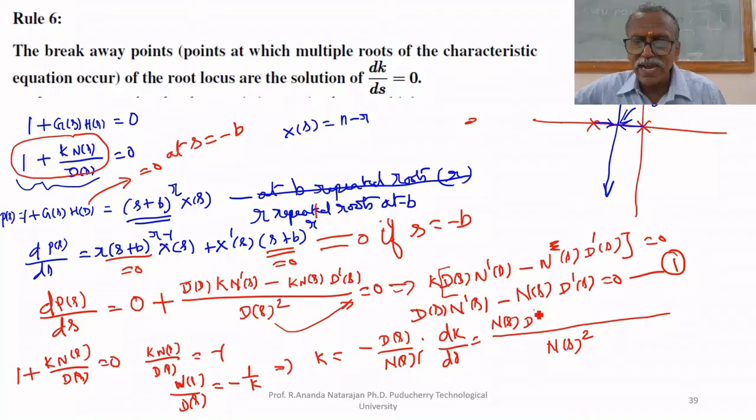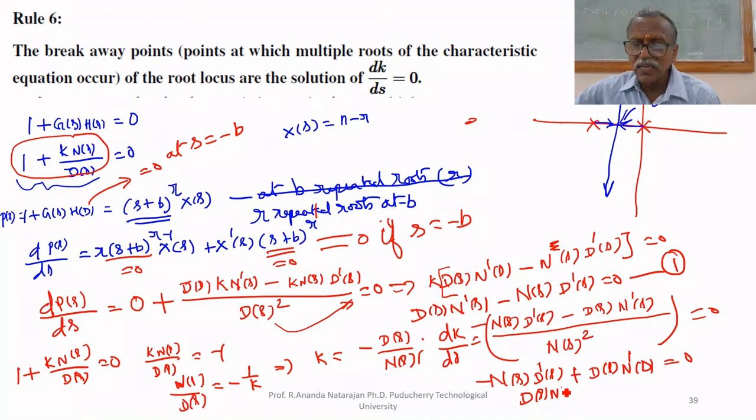Or we can say that d of s n dash of s minus n of s d dash of s equal to 0.